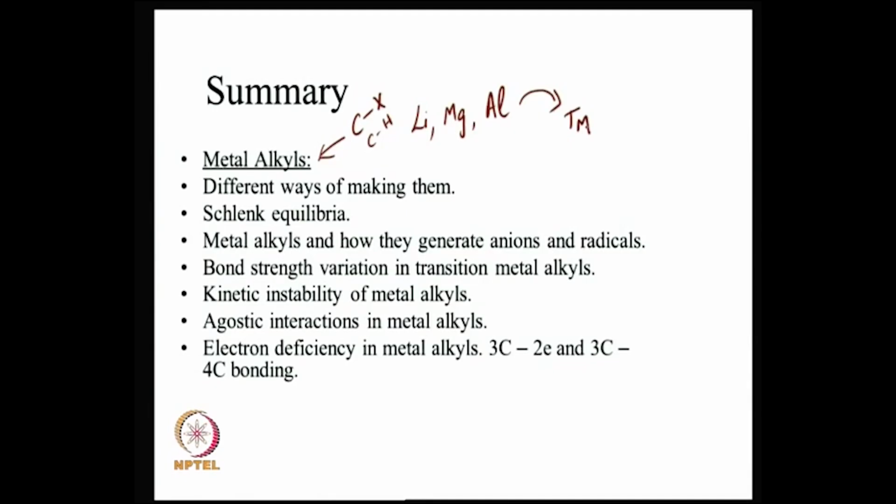And once you make them, you realize that you can have a reactivity that is dependent on the type of species they form. There are many instances where the species can be in what is called a Schlenk equilibrium. Especially in the case of grignards, you can have a Schlenk equilibrium that changes the reactivity of the species.